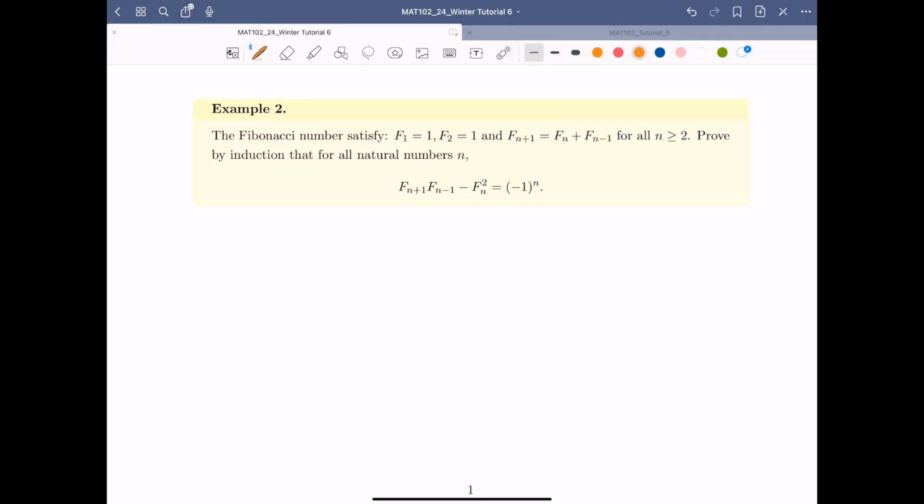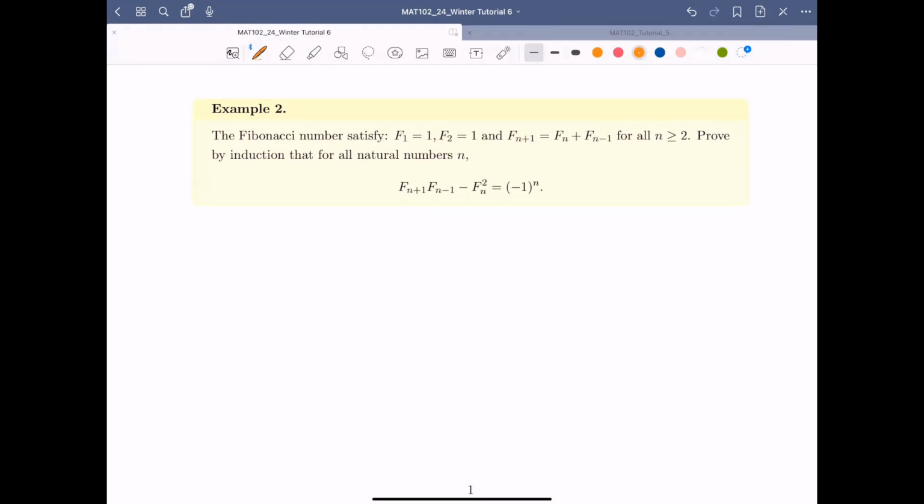There are a lot of properties of Fibonacci numbers that you prove using induction. So it's a great practice to search for Fibonacci number properties and then prove all of them using induction.